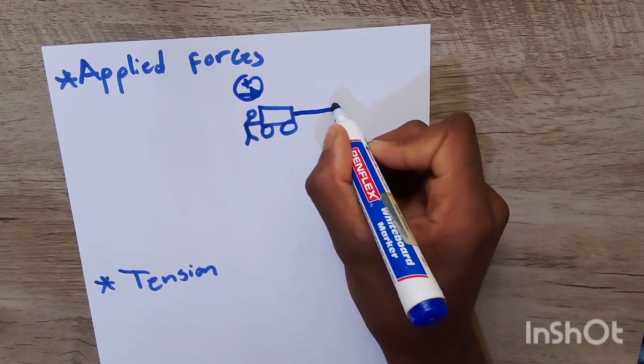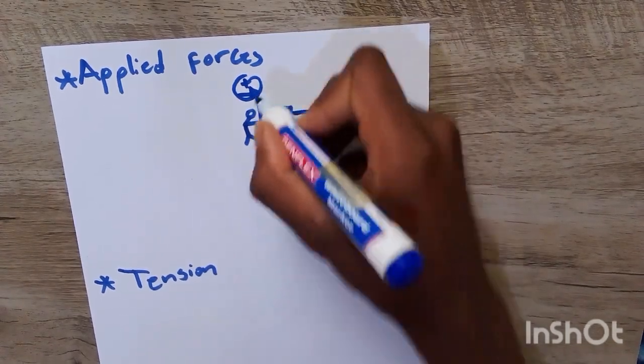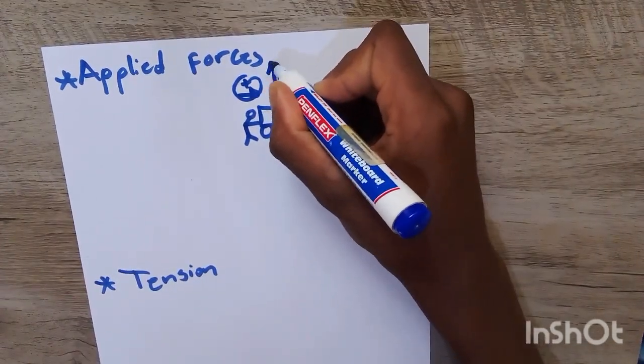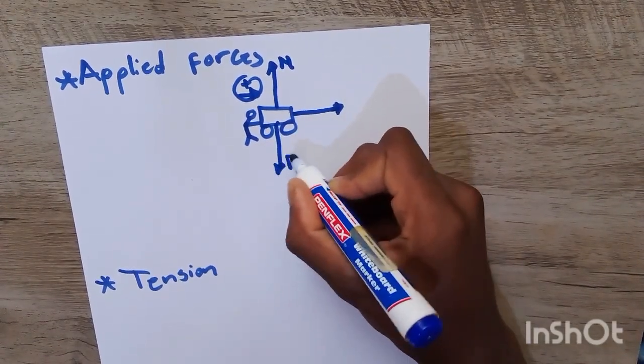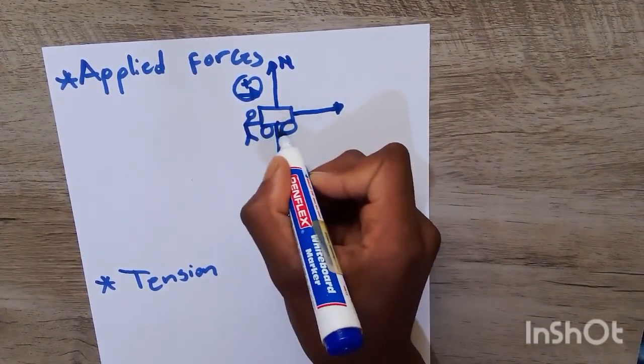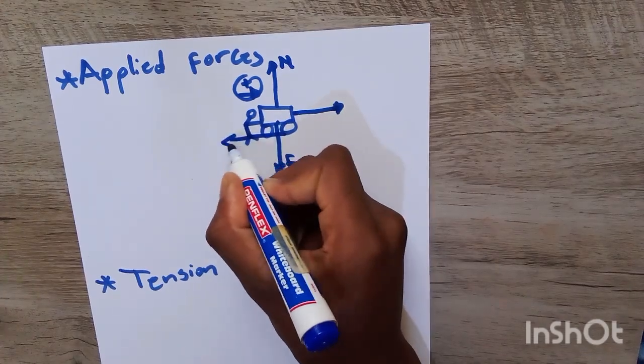Now our applied force is going to be to the right, and our normal force is going to be upward. Then we are going to have our gravitational force, and then our frictional force.